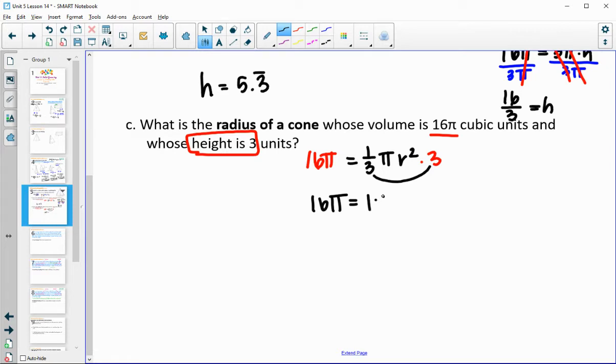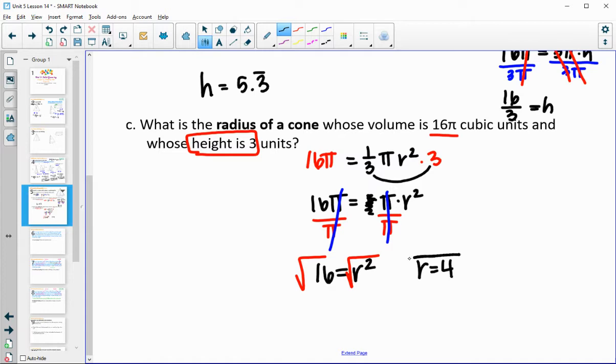So we just get 1 times pi times r squared. So this 1 basically isn't there because 1 times pi is just pi. So now we'll be able to divide both sides by pi to get that r squared by itself. So the pi's will cancel, and we will get 16 equals the radius squared. And then you undo a squared with a square root. And the square root of 16 is 4. So your radius is 4 in this case.